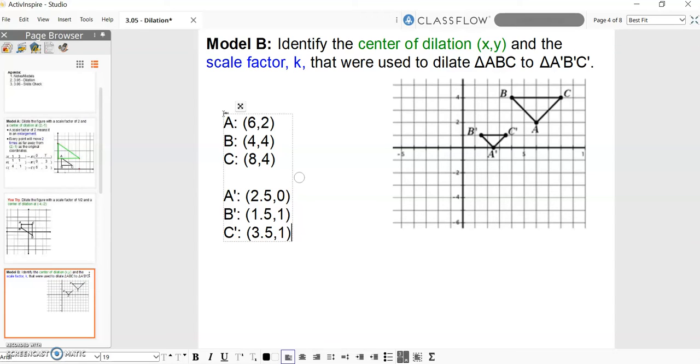All right, now what I'm going to do is identify the difference between A and A prime. So A to A prime, we have 6 to 2.5, it's 3.5 away, and 2 on the y-axis. B to B prime, that is 4 to 1.5, which is 2.5, and 3 on the y-axis.